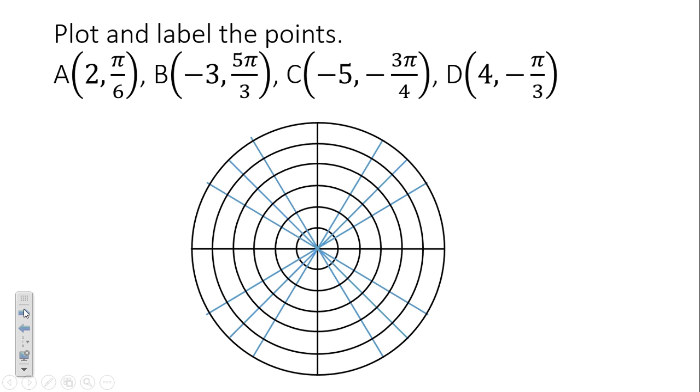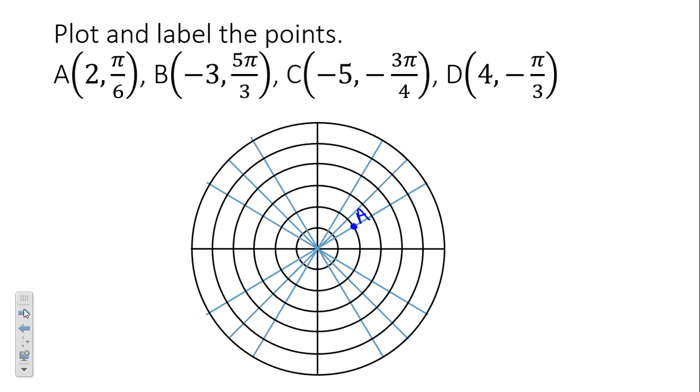So pi over 6 is how many degrees? 30, right? Anytime it has a 6 in the bottom, it's a 30-degree reference angle. And so you always start with your theta, and you ask yourself, okay, where am I at? Okay, I'm going to be on this line, right? And how far out? 2. So we pull it out 2. So that is point A.